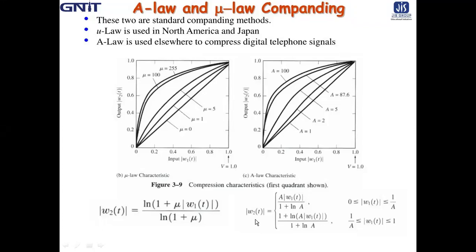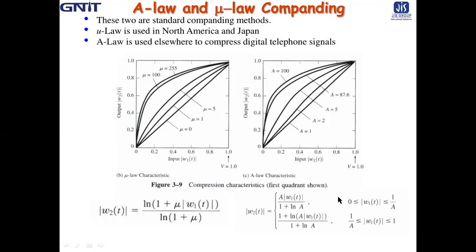The expression is W2 equal to, it has two parts. One part is when W1T belongs to 0 to 1/A, then it is A W1T / (1 + ln A). And the second part, when W1T belongs to 1/A to 1, is (1 + ln(A W1T)) / (1 + ln A).